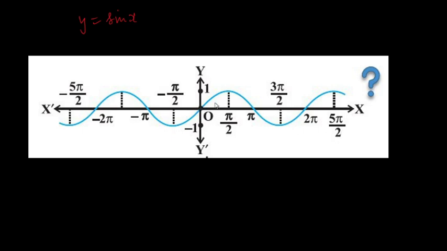So let us start. It starts from 0 and reaches the maximum. This is the crest where it is pi by 2. Pi by 2 can be represented in terms of a circle.